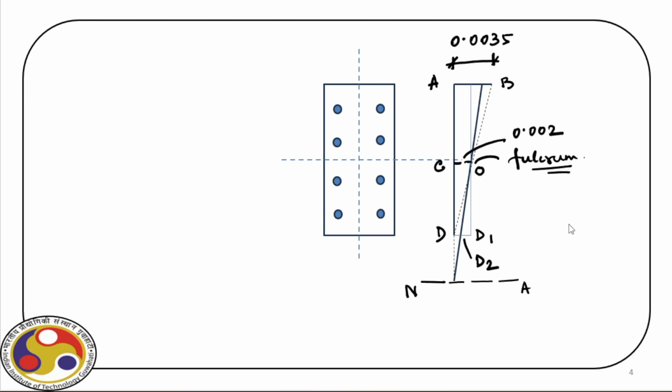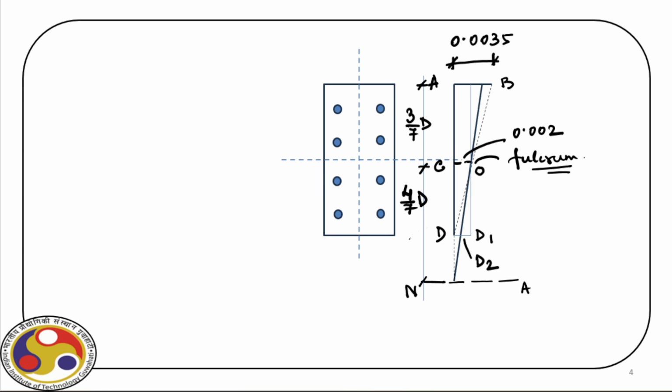And then if we mark the dimensions, the total depth is capital D. So out of that, this is 3/7 of capital D, and this is 4/7 D.